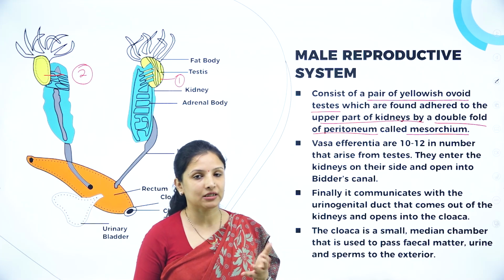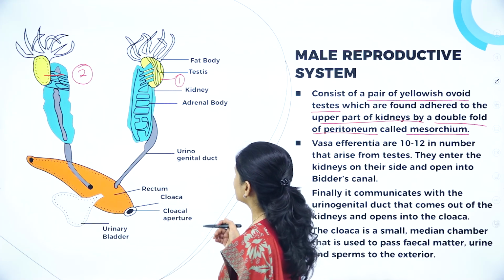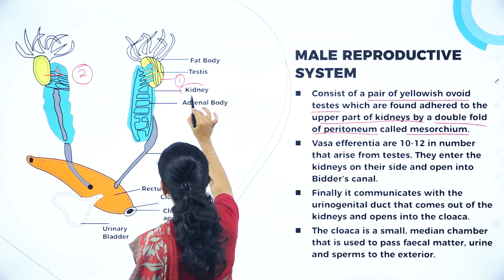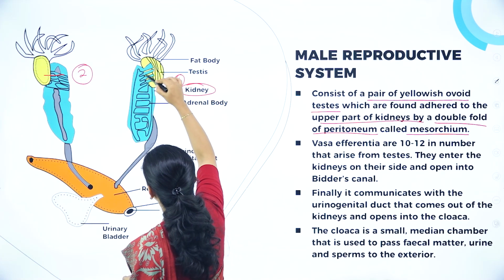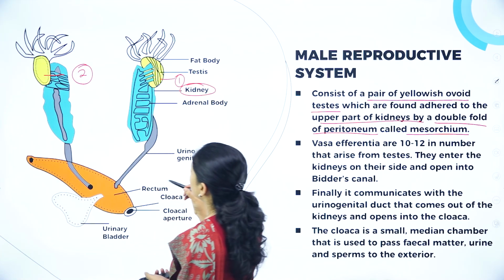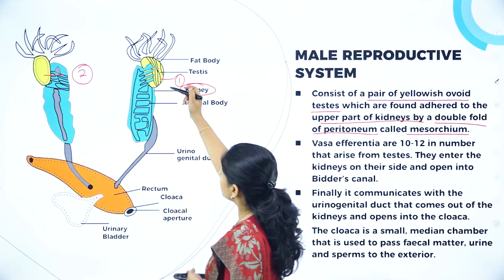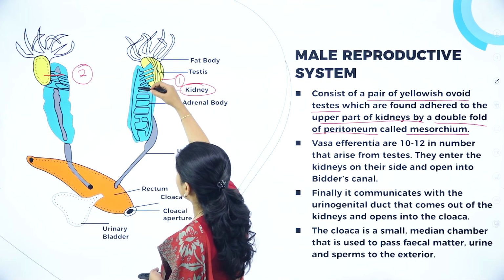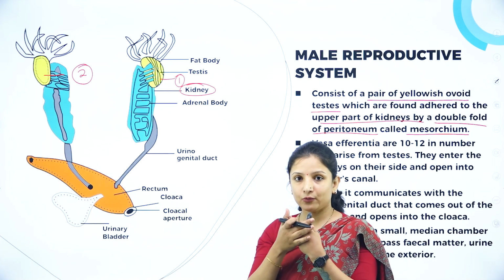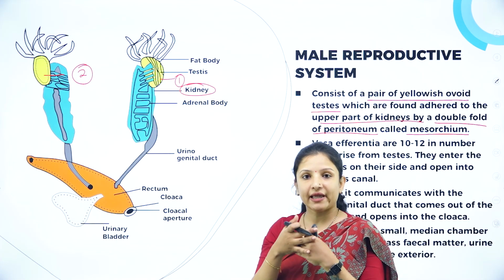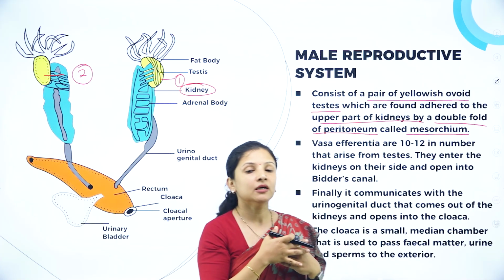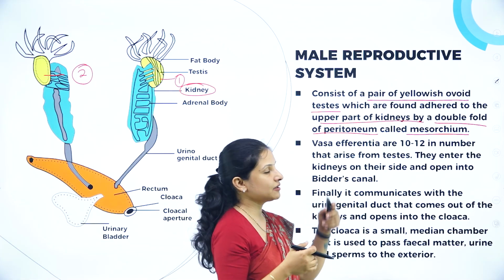So peritoneum is nothing but a membrane. Here you can see the kidney of the frog, wherein in the upper part they have the testes, and these testes are adhering to and connected with the kidney. How? It is because of the extension of the membrane, the peritoneum, which is called the mesorchium.